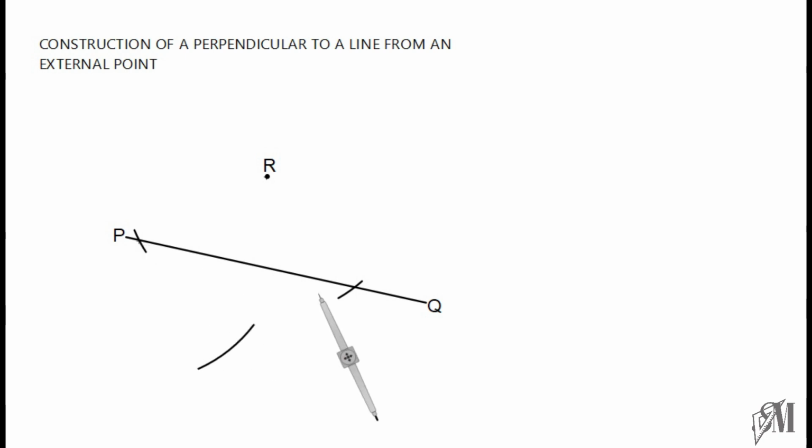We go here and simply cut the arc drawn before. Now the final step here is you have to join the point R and the point of intersection of the two arcs we have drawn now, like this. So this line is perpendicular to PQ and it is dropped from R. So we can mark it as perpendicular like this.